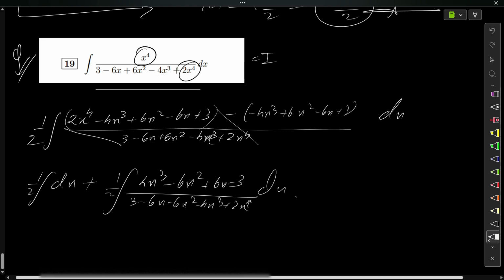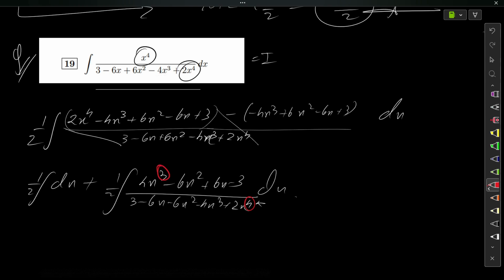Now, if I observe this degree very carefully, 2x to the power 4, then I can see that the degree is 4 for the lower one, and for the upper one the degree is 3. So it can pose a condition where we can take this whole term as equivalent to t.